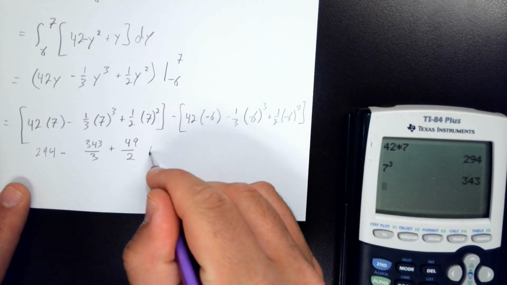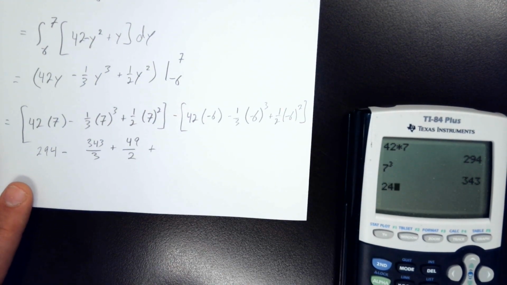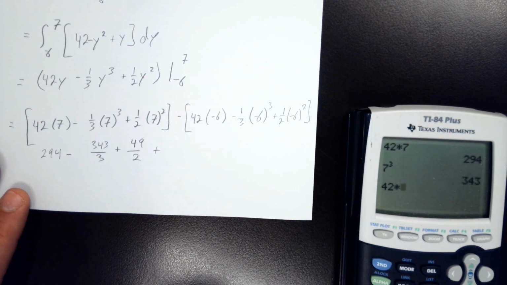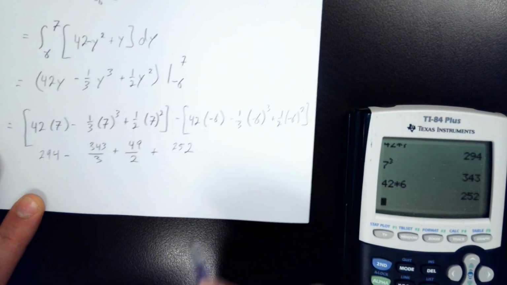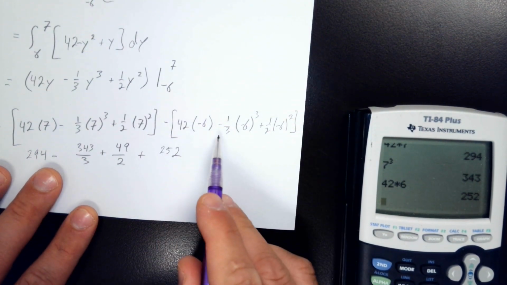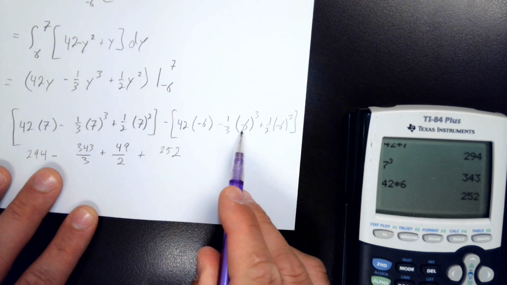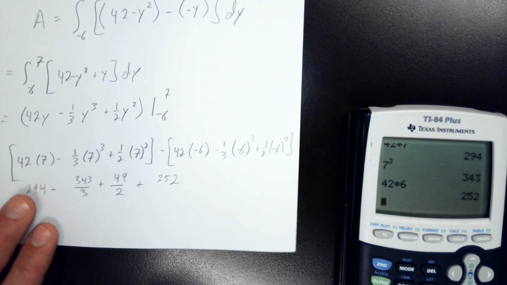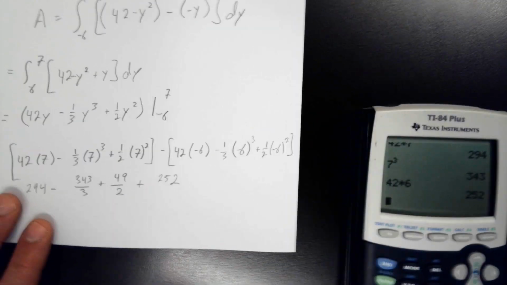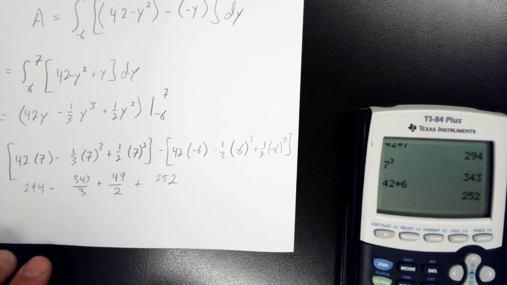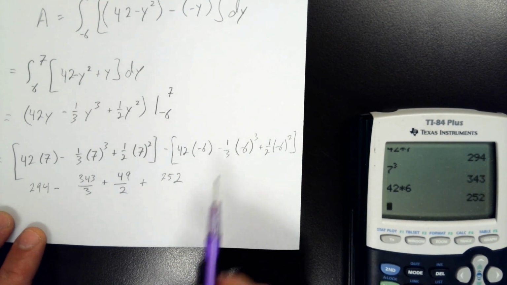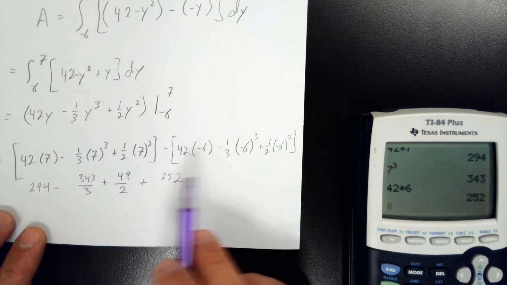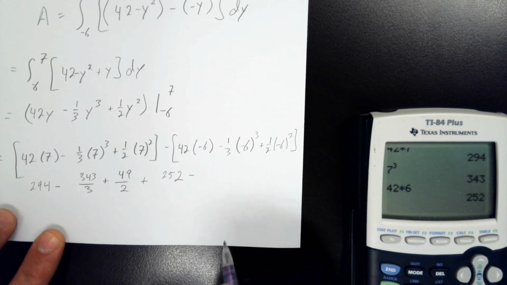Let's see, minus a negative would be plus. 42 times 6 would be 252. Minus, let's see, this is going to be a negative cubed. Oh, sorry, the lighting's a little bit off. Let me fix that. It's a little bit better. So I've got a minus, a negative cubed is going to be a negative, and a minus there, so that all gives me a minus.